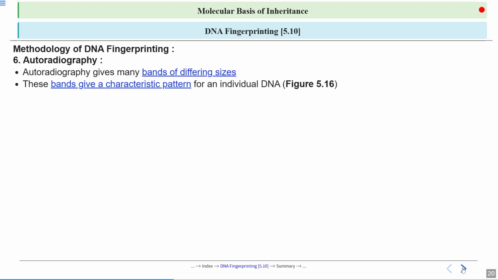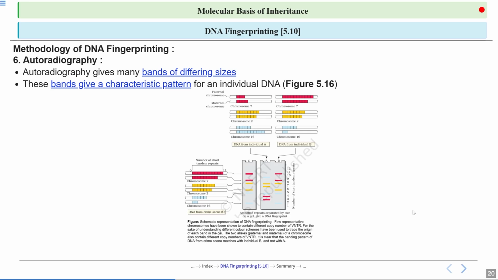Autoradiography gives many bands of different size. These bands give a characteristic pattern for an individual's DNA. So here we can see how the crime scene person is matching with individual B.